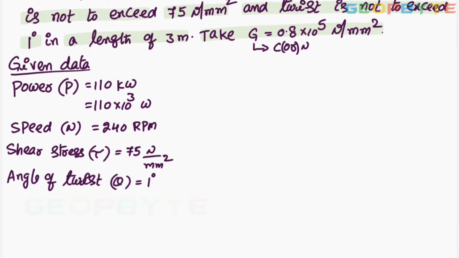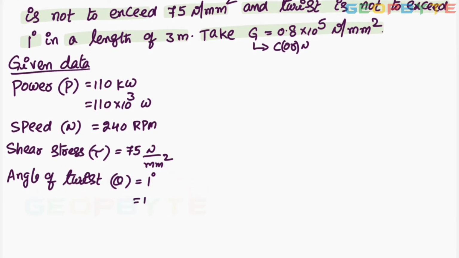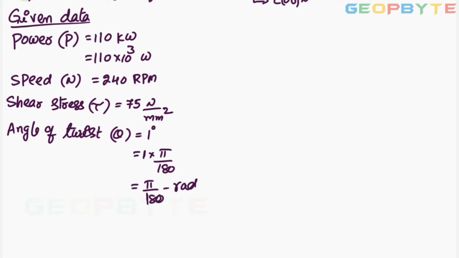Make it in radians: 1 into pi by 180. So pi by 180 radians.